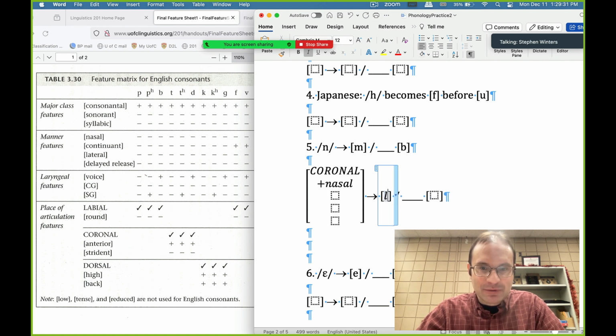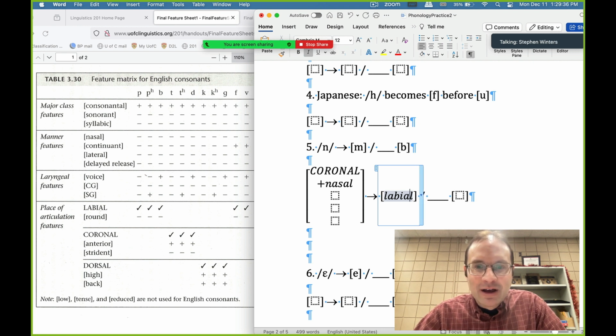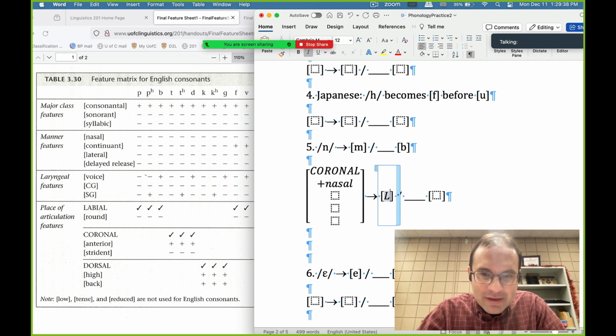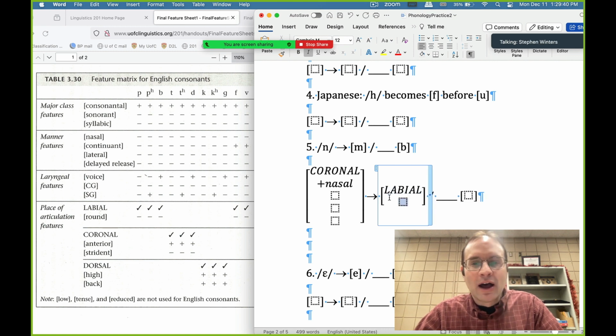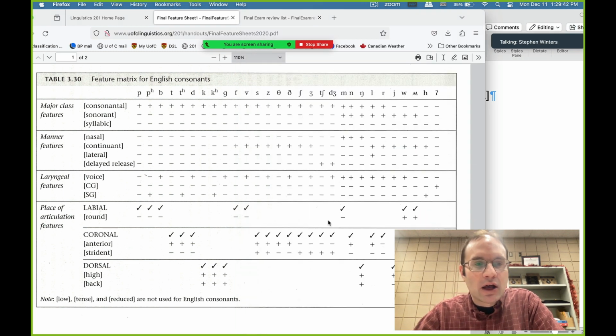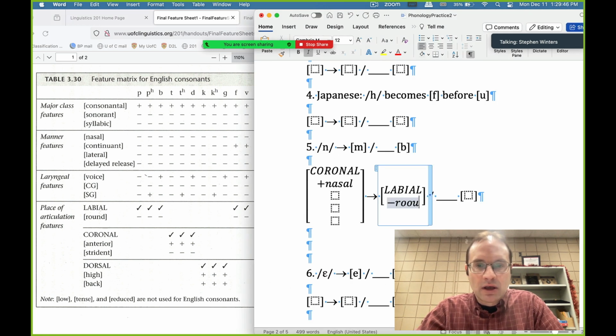My caps lock doesn't want to work. That's a little weird, actually. I don't know why that's happening. There we go. I'll say labial, and then minus round kind of comes along for the ride here. So we can add that. But basically that's the only change, is that coronal is going away and labial is coming into play.